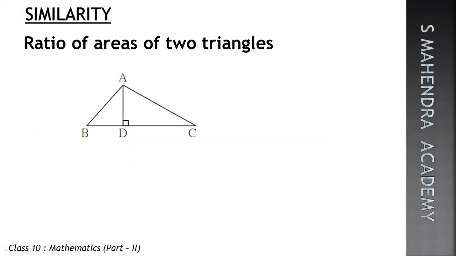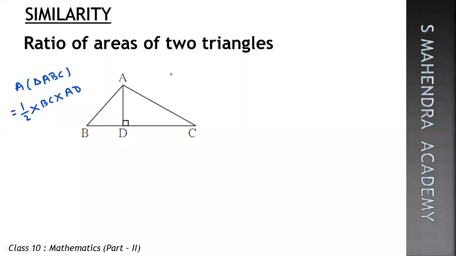Here we have a triangle ABC. So its area, area of triangle ABC, will be 1/2 base. Here the base is BC, into height. The height is AD.